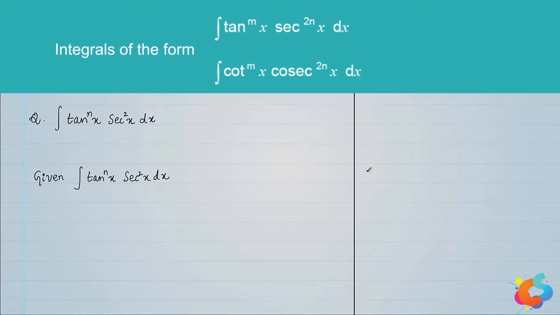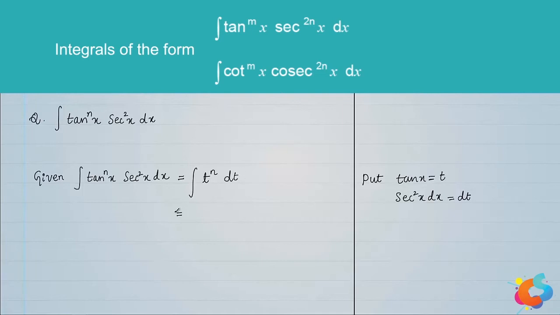So here we will do the substitution tan x is equal to t. We know that the derivative of tan x is secant square x, so secant square x into dx becomes dt.